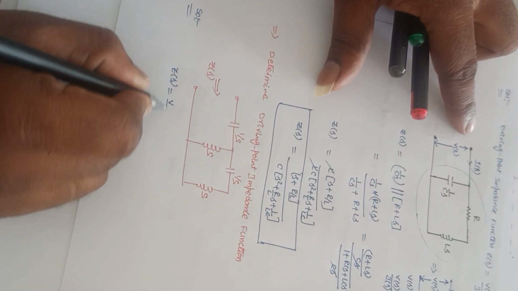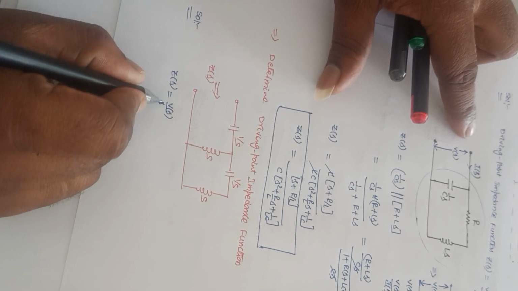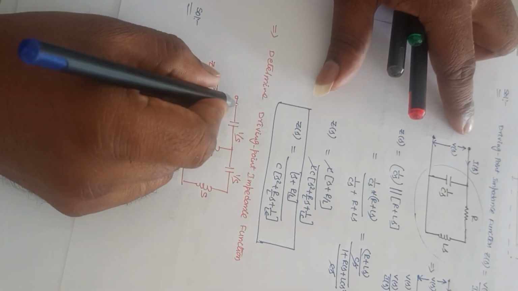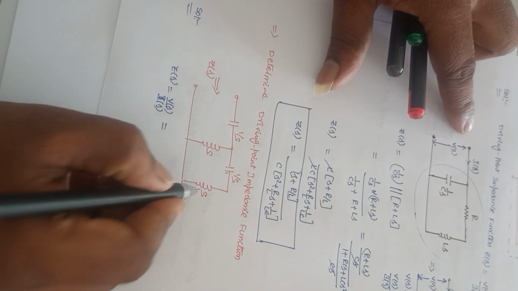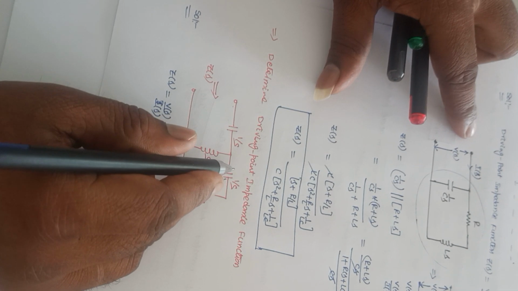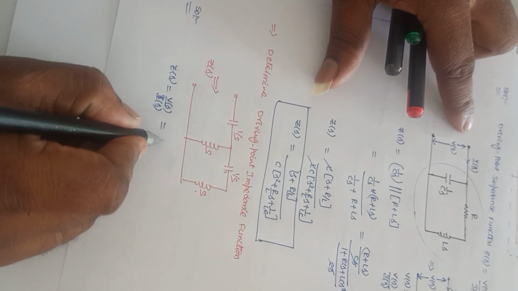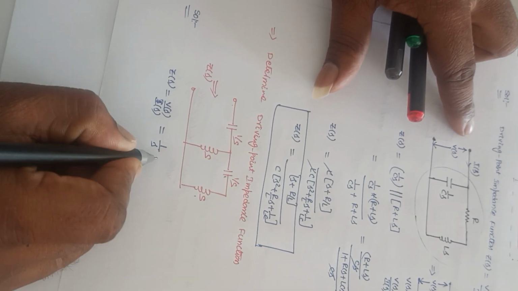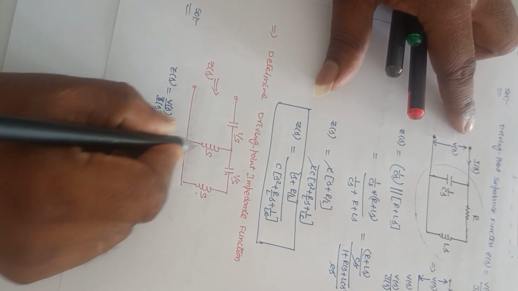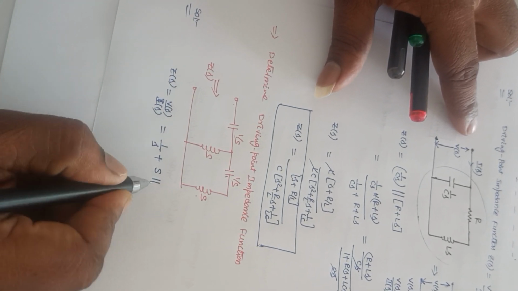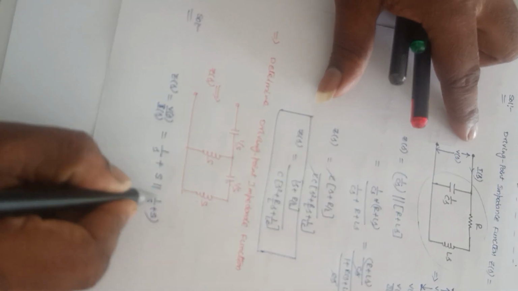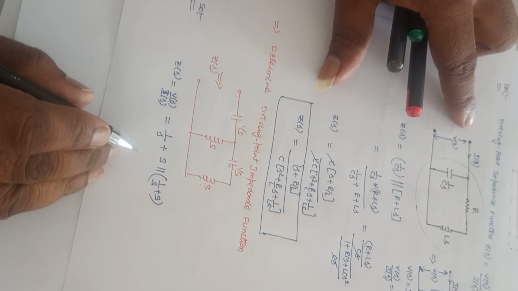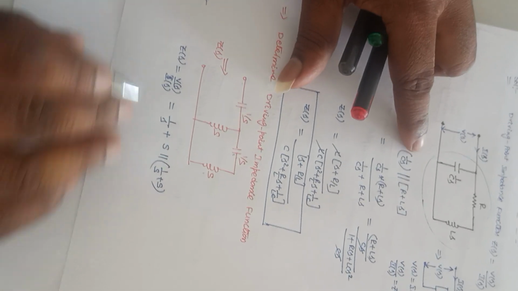Z of S is equal to V of S divided by I of S. So this is V of S, it is I of S. These two are connected in series, for this it is in parallel, and for the total network it is in series. That means 1 by S plus this S in parallel with this series network, that is 1 by S plus S. So this is the driving point impedance function.